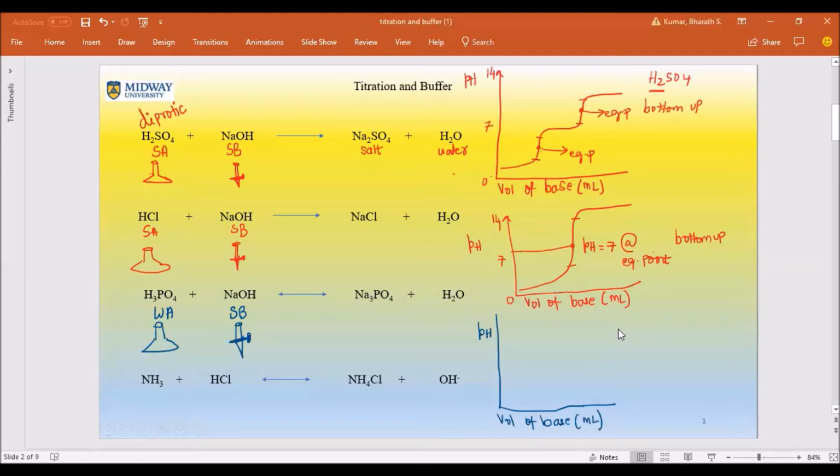It's a bottoms-up approach. Now keep in mind, it's a triprotic acid. That means we will have 3 inflection points, that is 3 equivalence points. So 1, 2, 3, right? I didn't do a very good job. You get the idea, right?